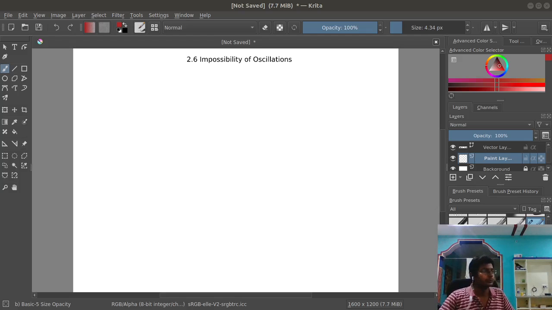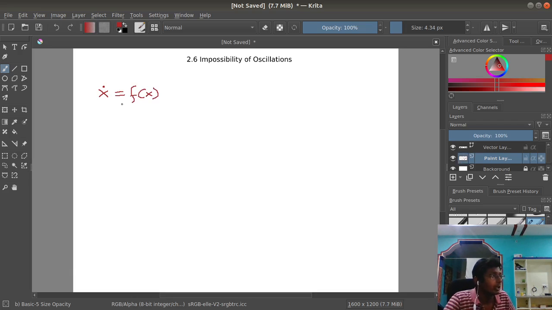Okay, so the topic of this video is impossibility of oscillation. For a given dynamical system, the governing differential equation is given like this.